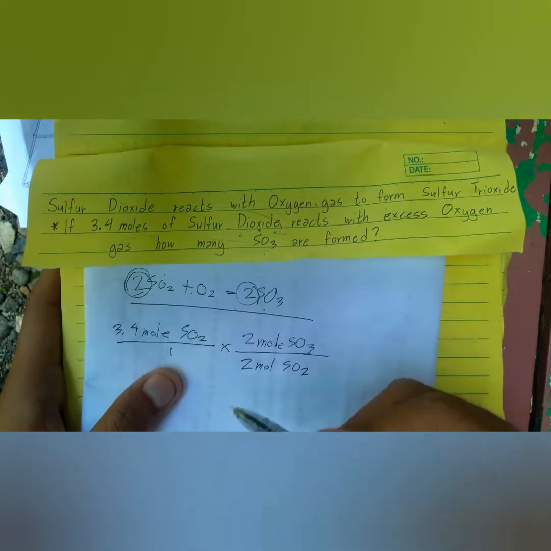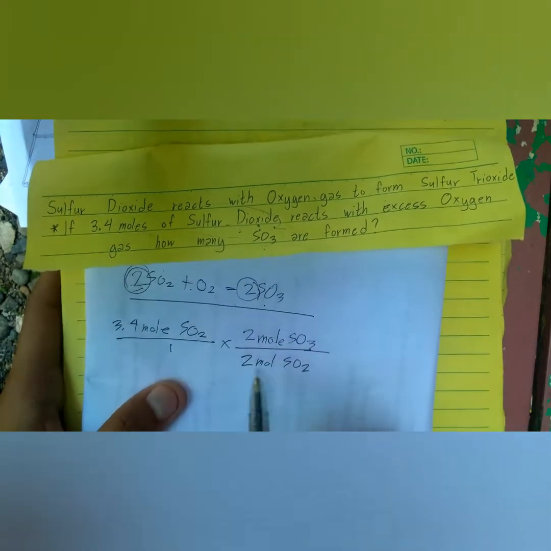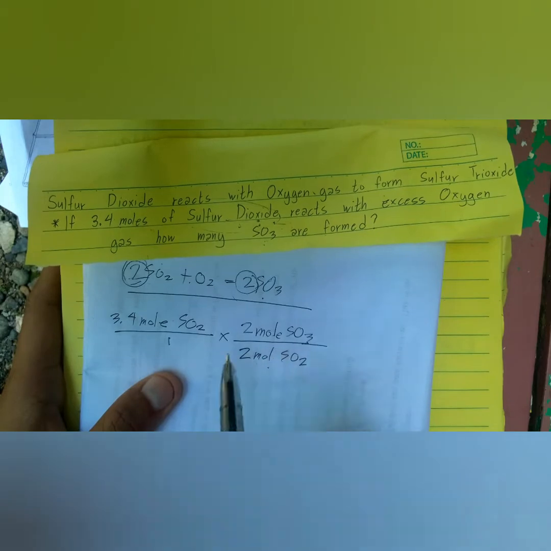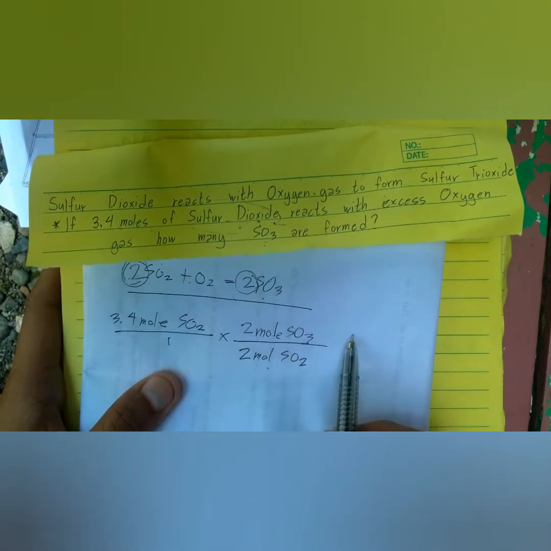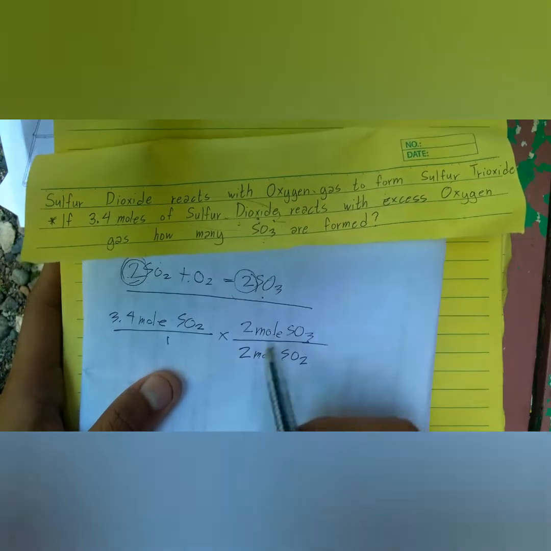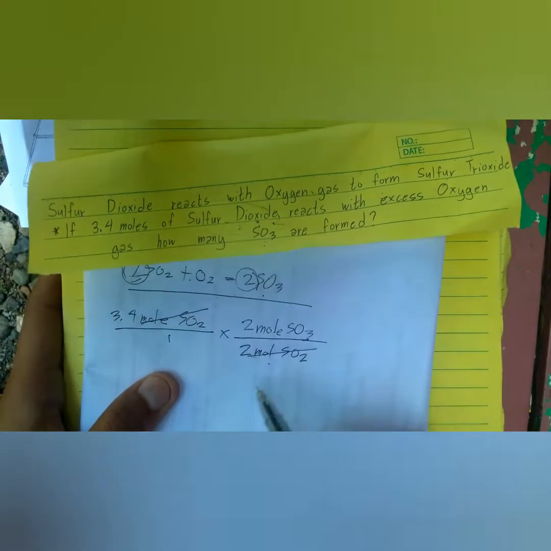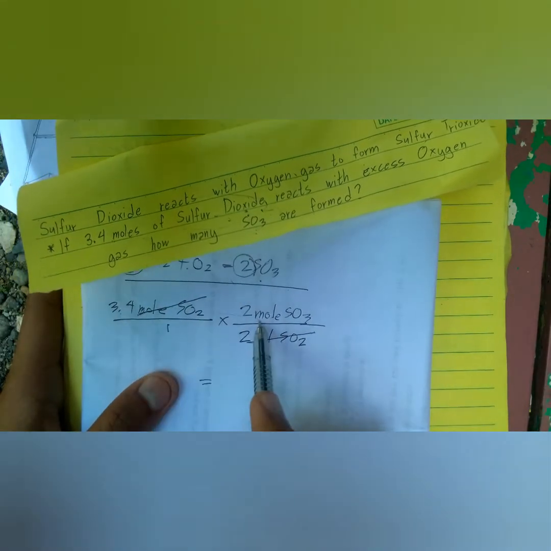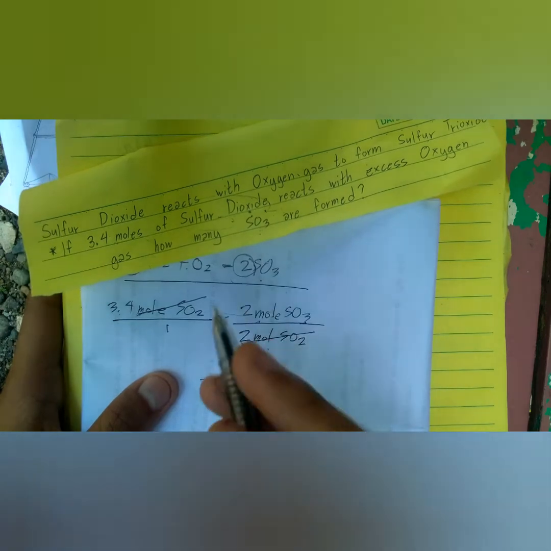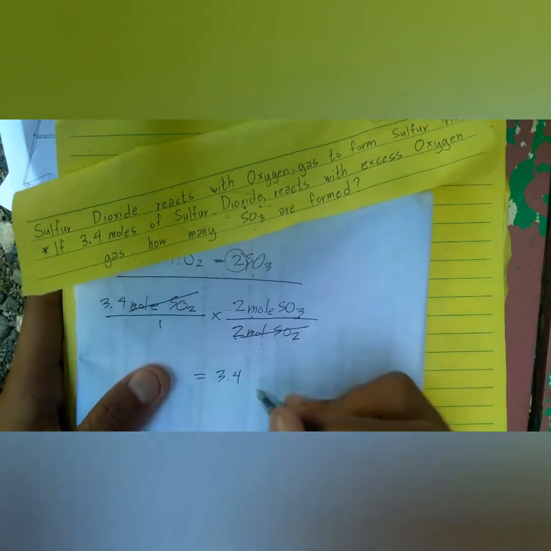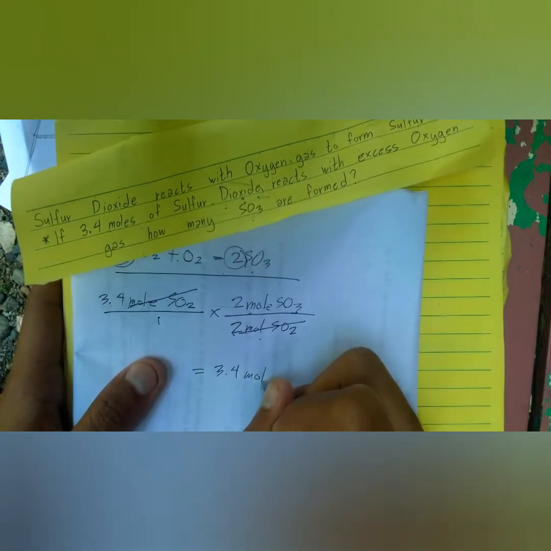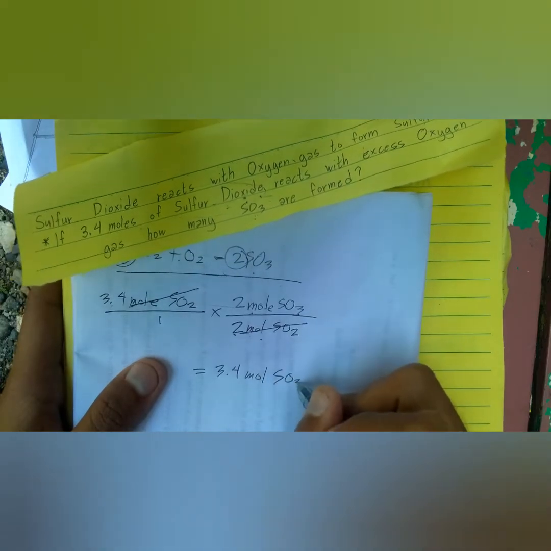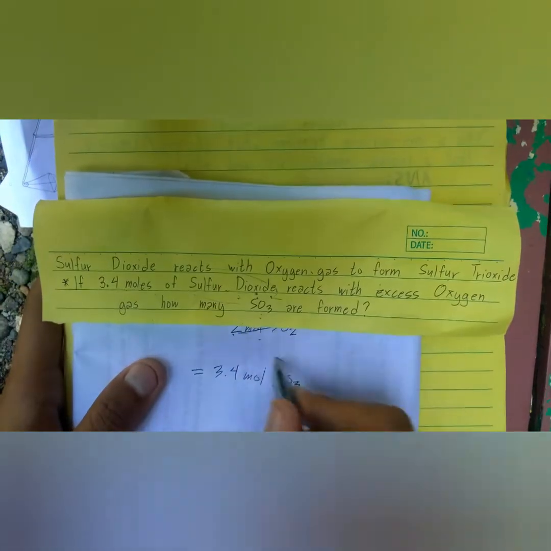Always keep in mind that in doing this, make sure to put the labels in the place where you can cancel them. And now, let's do the math. 3.4 times 2 divided by 2 is 3.4. So this is the number of moles of sulfur trioxide that formed.